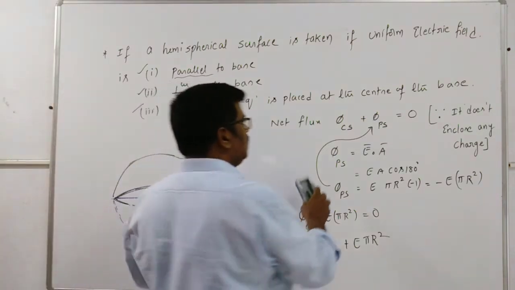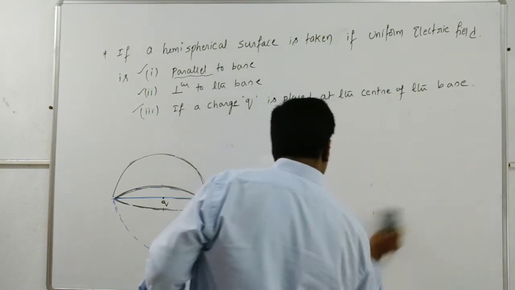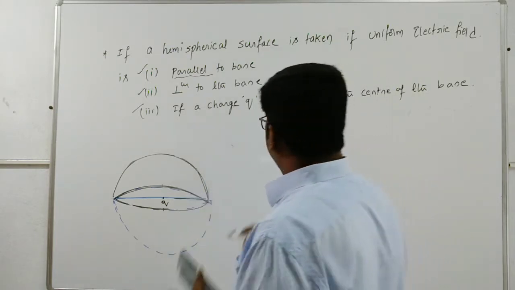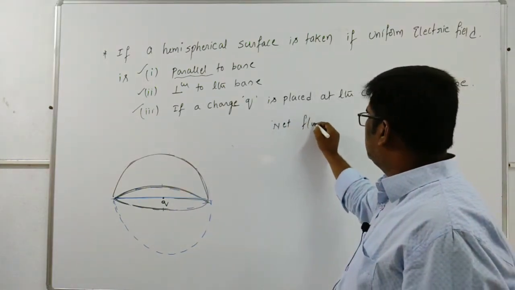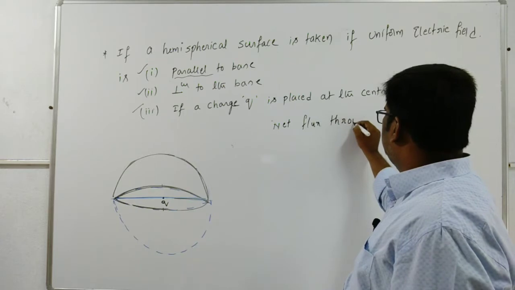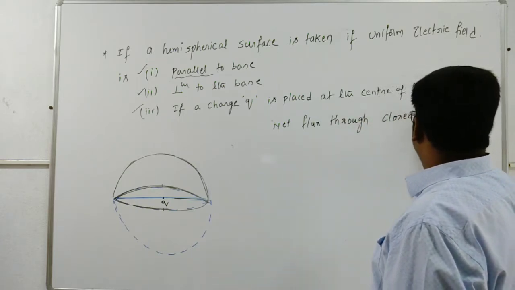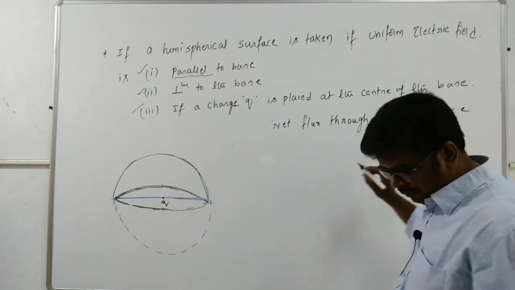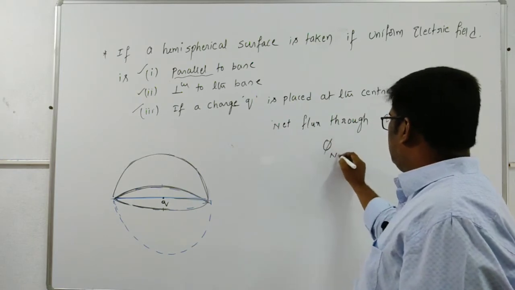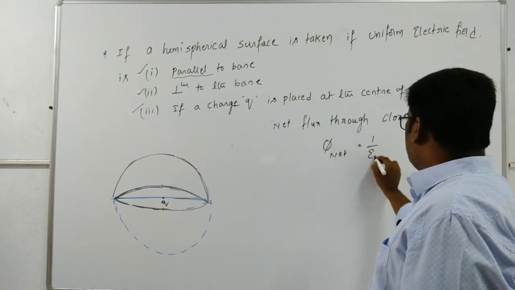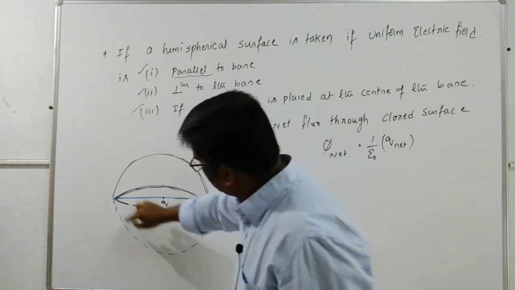So the net flux through the closed surface, we can write, flux is equal to 1 by epsilon naught times the net charge enclosed by this totally closed one.